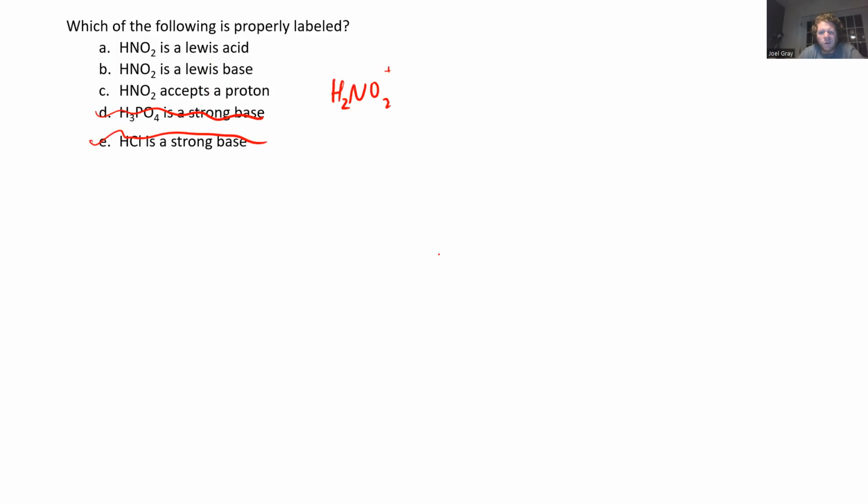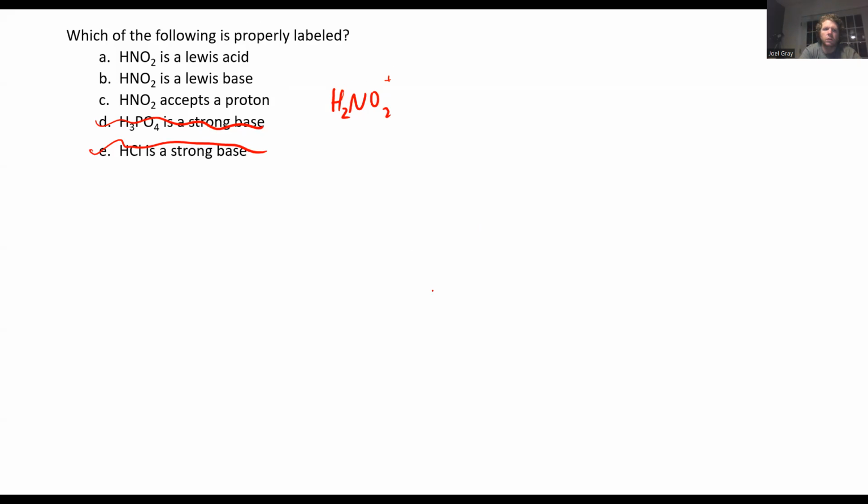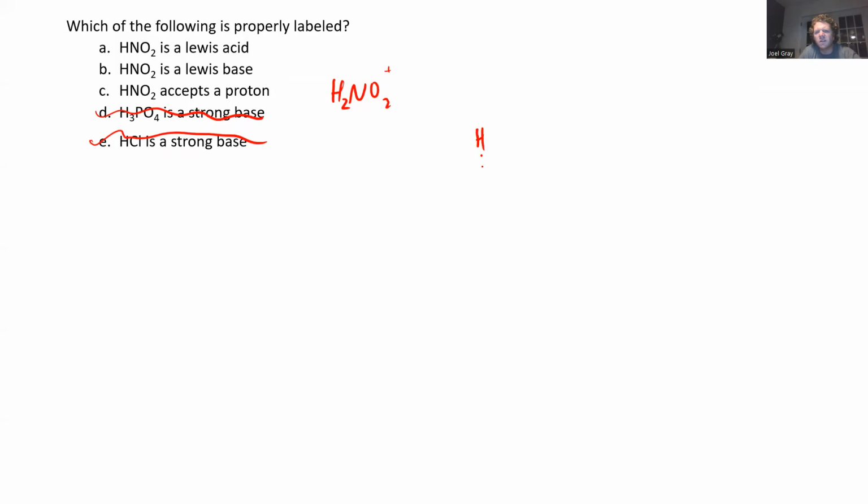Now, if you wanted to look at that molecularly, what would it look like? Or like the Lewis structure. Well, what that would look like is this.